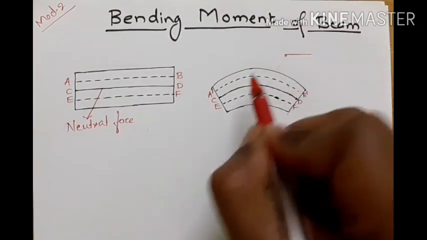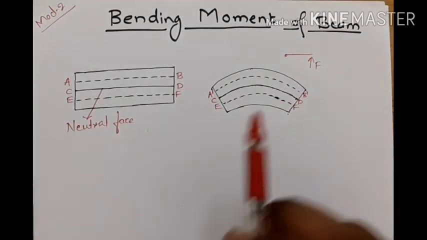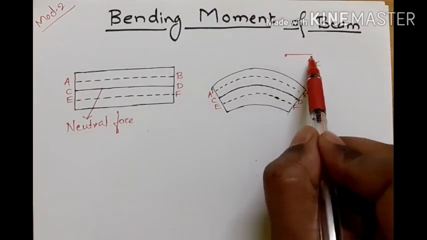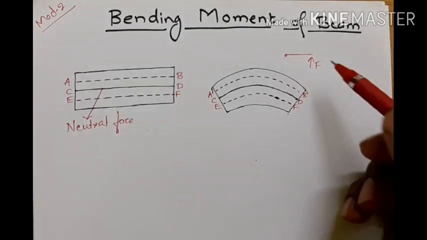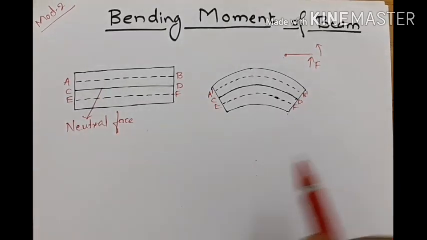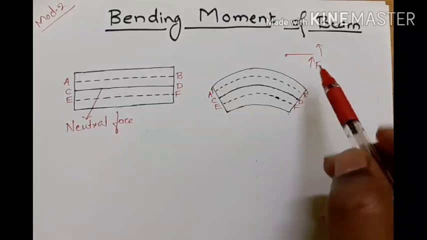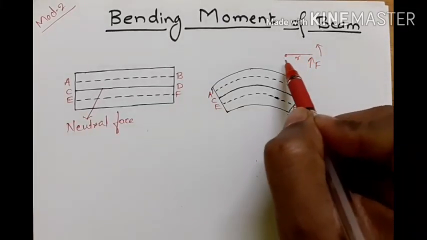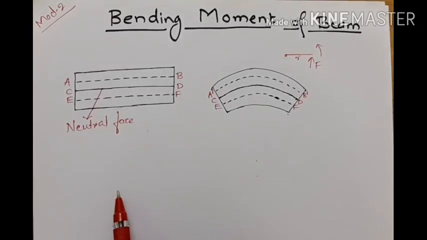One end is fixed and to the other end I am giving a force. This end is free to move, so what is going to happen? This is going to bend and rotate. A twist is going to happen, or a torque is going to be produced. The bending moment is nothing but this distance multiplied by the force which we are applying, or the torque being produced there.